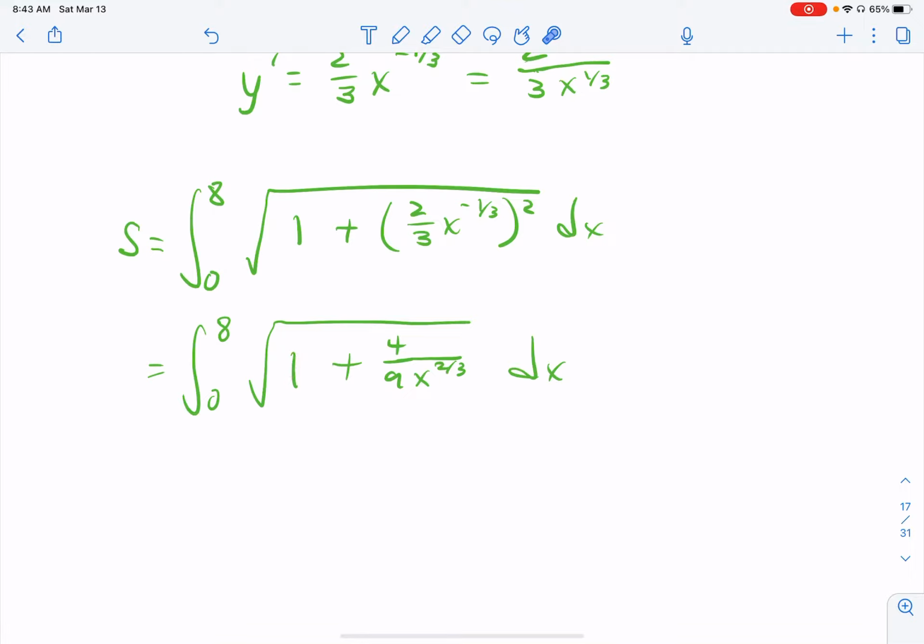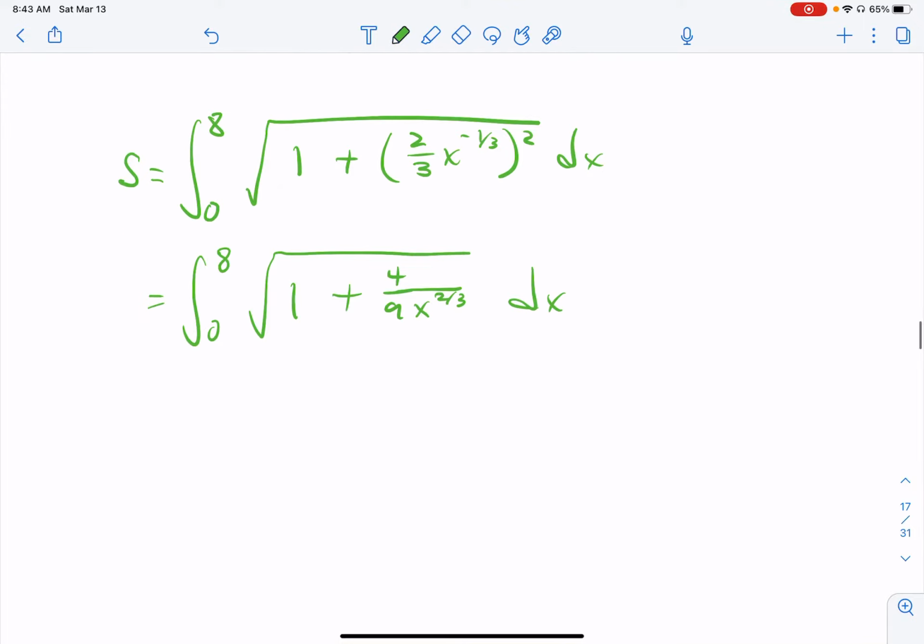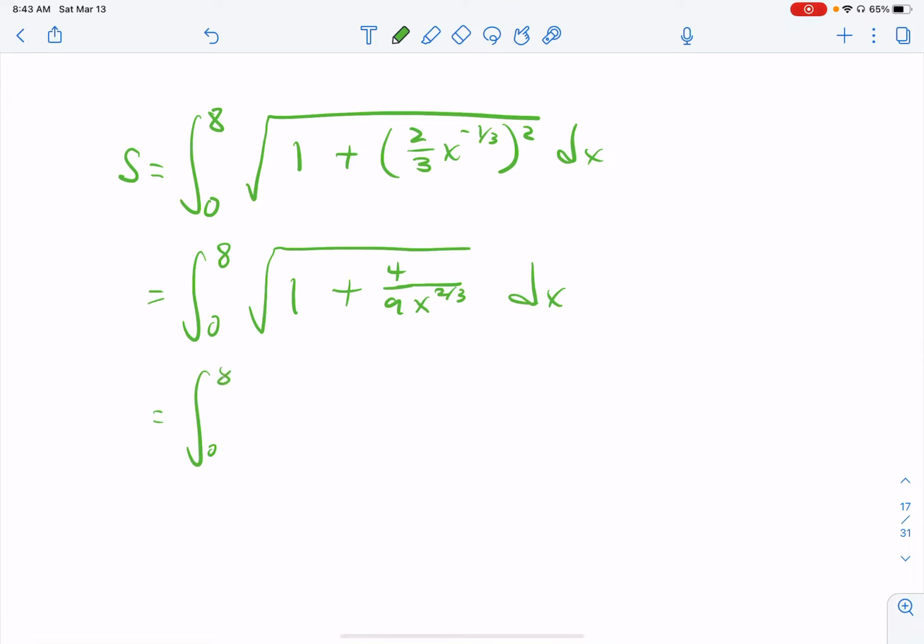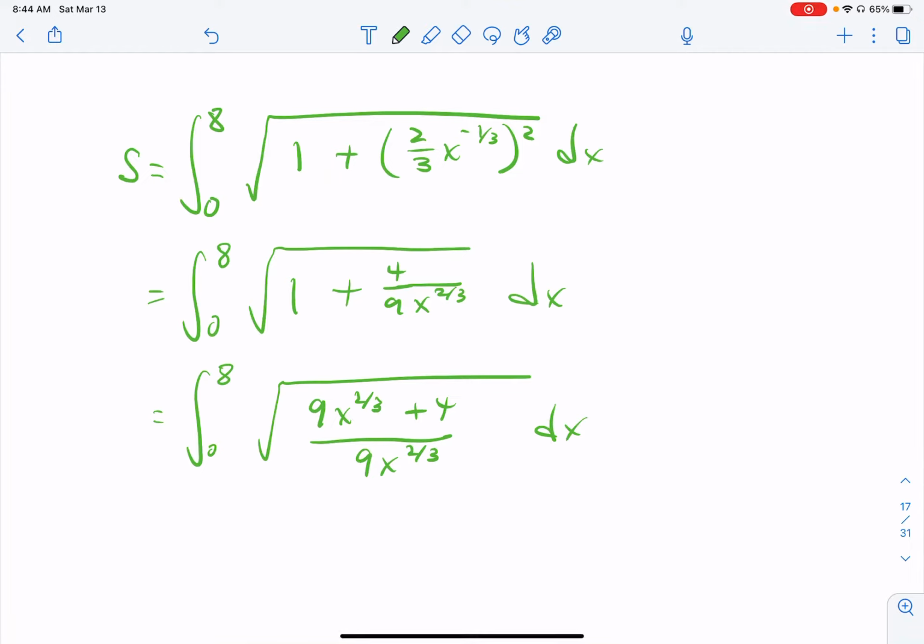I can think of 1 as a fancy one, 9x to the 2/3 divided by 9x to the 2/3. So we have 9x to the 2/3 plus 4 over 9x to the 2/3.